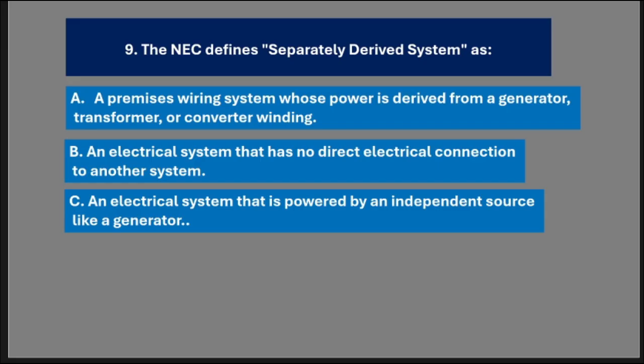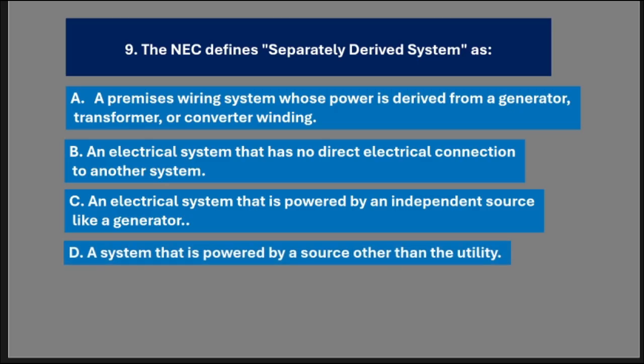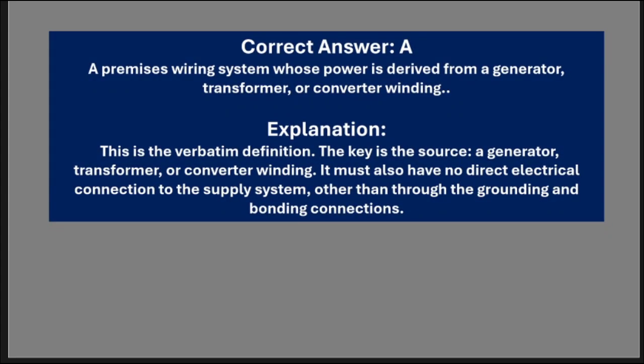C. An electrical system that is powered by an independent source like a generator. D. A system that is powered by a source other than the utility. Correct answer A. A premises wiring system whose power is derived from a generator, transformer, or converter winding.